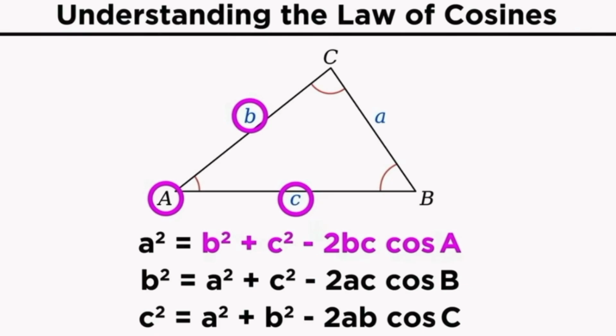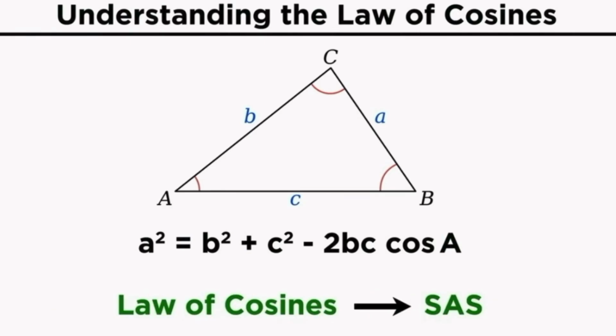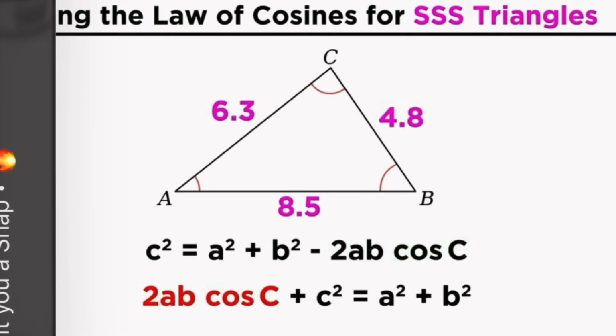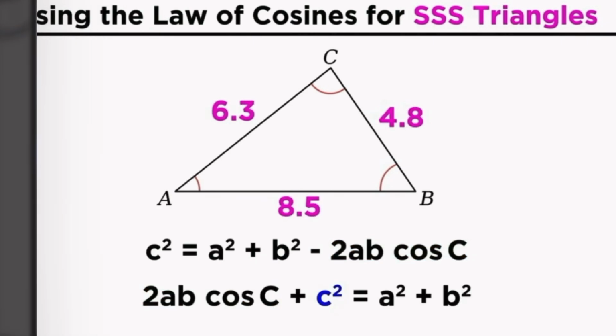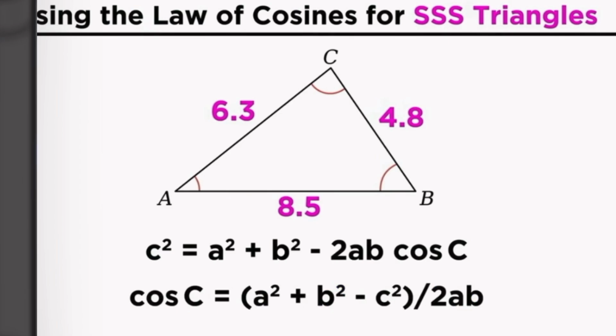But wait, what if the captain already knows all three distances on his map, but his compass is broken and he doesn't know what direction or angle to steer? With this side-side-side, or SSS, case, we can use this exact same law, but we have to do some algebra to flip it around.